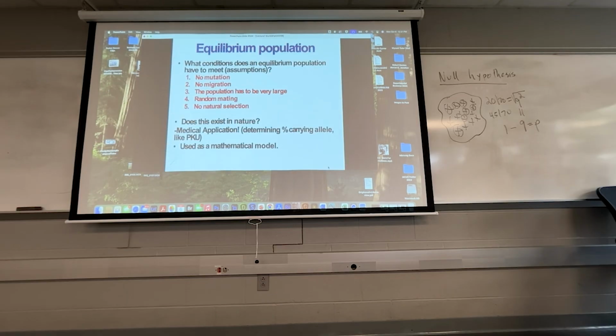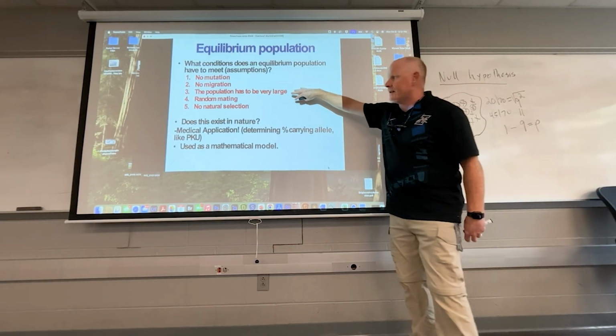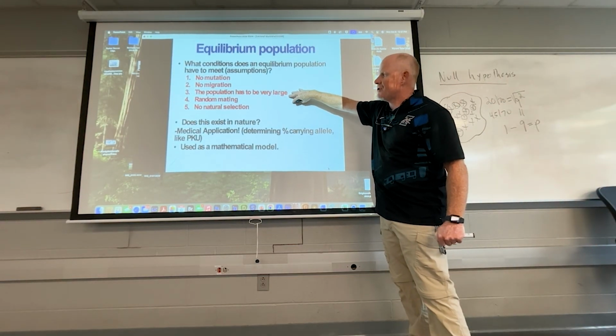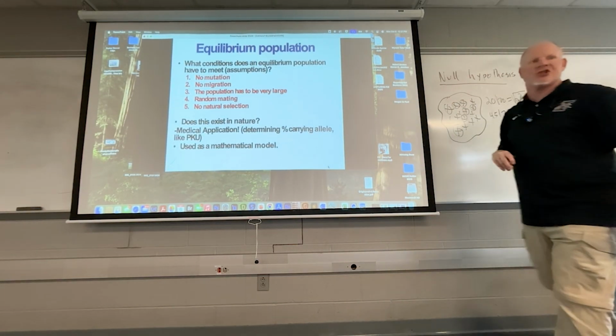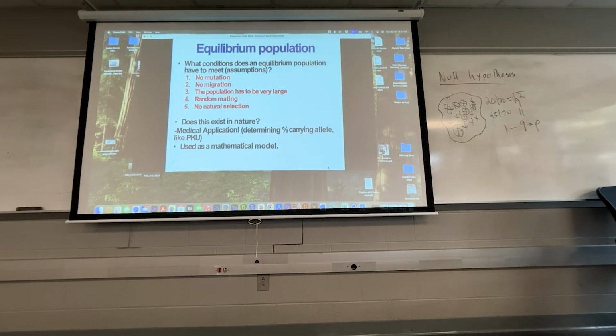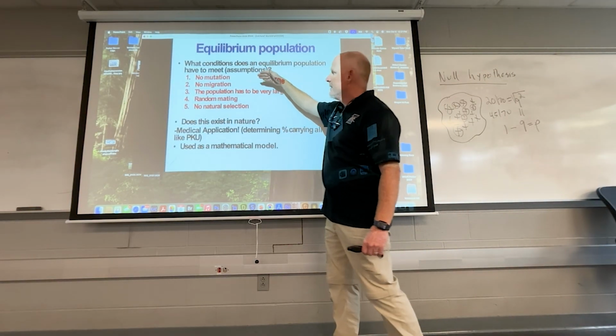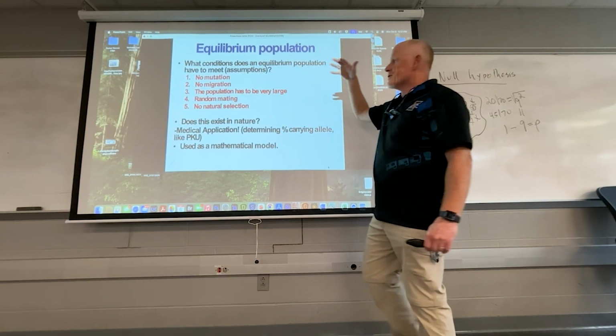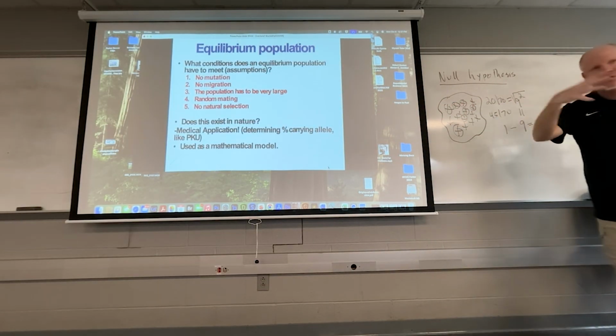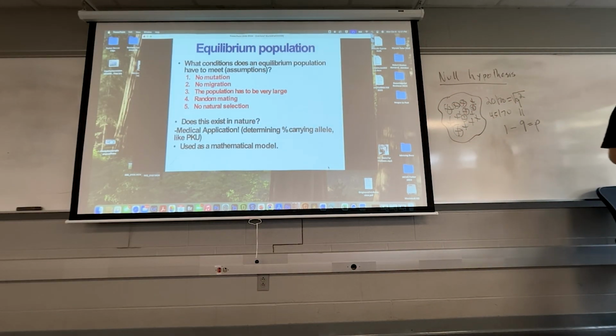So, as I mentioned, this doesn't happen in nature, and there's a reason for it. Because these are the assumptions that have to hold in order for any population to be in Hardy-Weinberg, or not changing as far as its genotypes and its allele frequencies. We're going to assume if a population is in Hardy-Weinberg equilibrium, there's no mutation, there's no migration, there's no new pollen coming into our population of wildflowers.